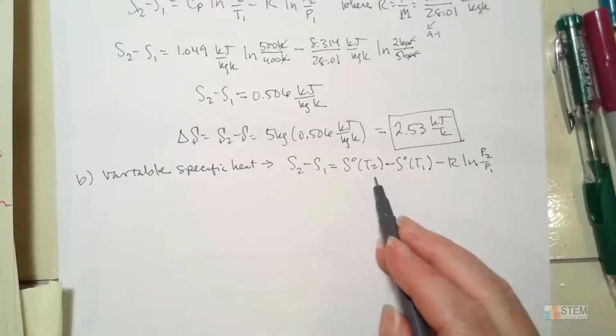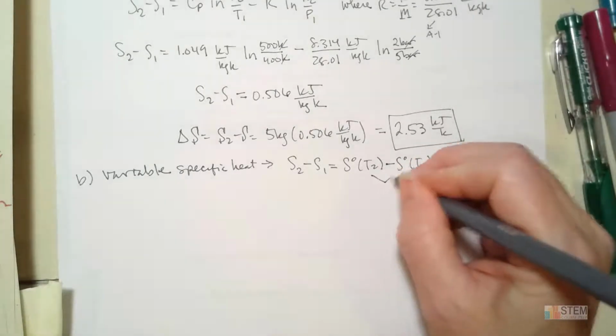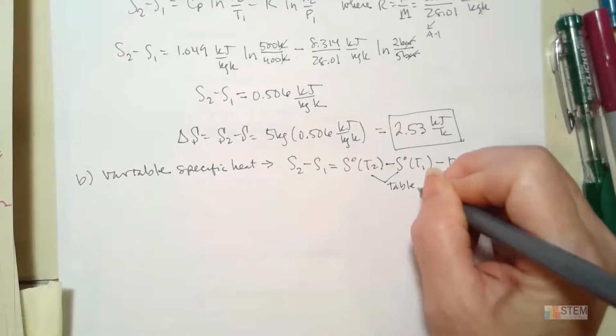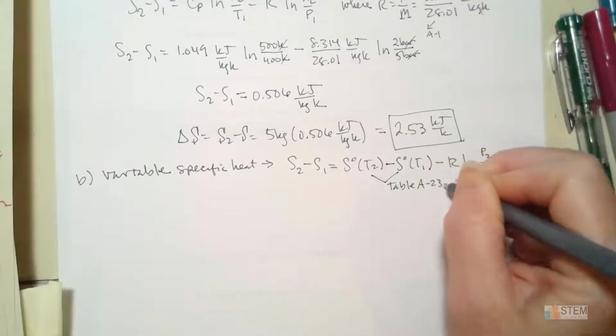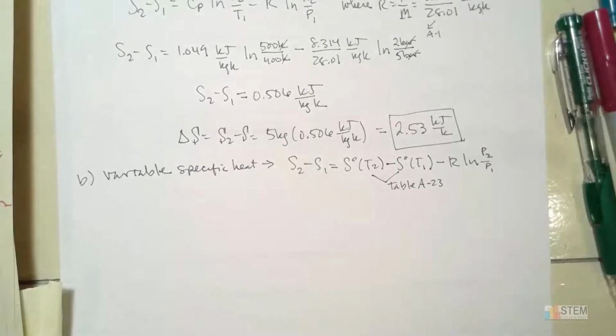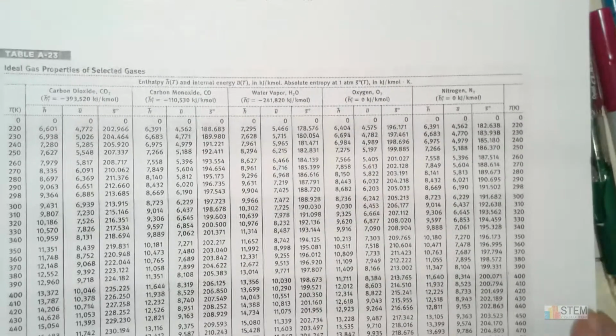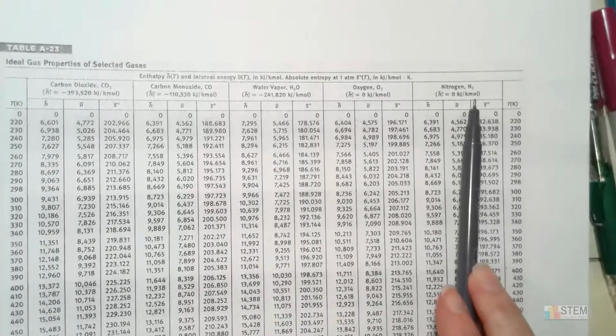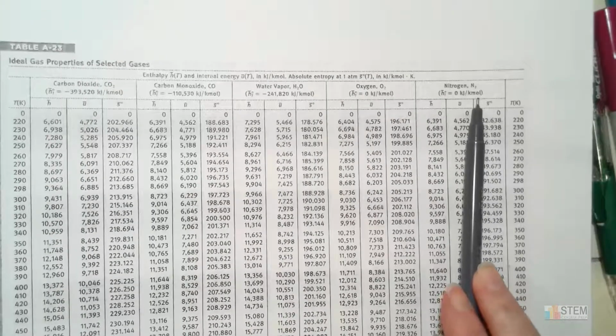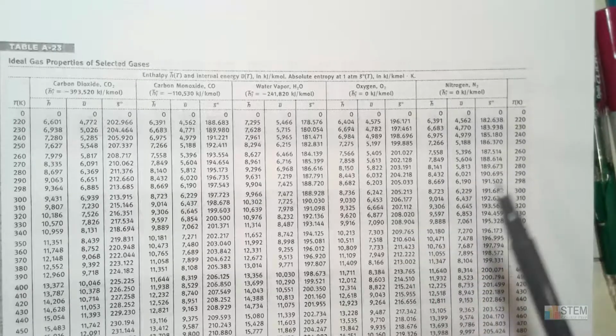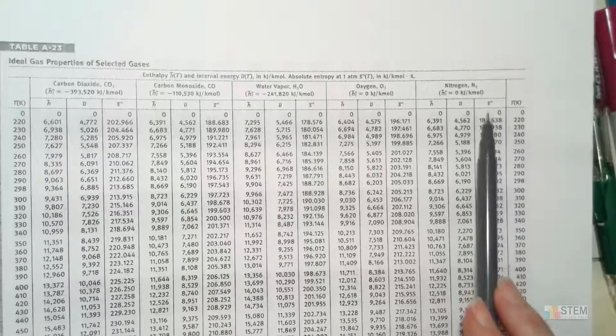Now these two things right here, those are going to come from the table, and that'll be table A23. So if we look at that table, here it is, and nitrogen is way over here. Okay, so what we're going to do is look at our temperature for the two states, and then come over here to this column.